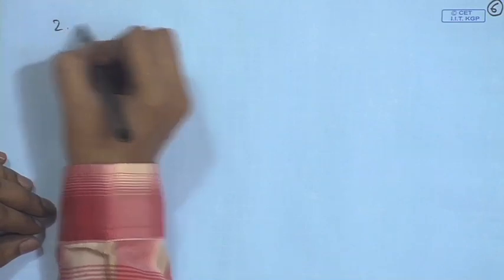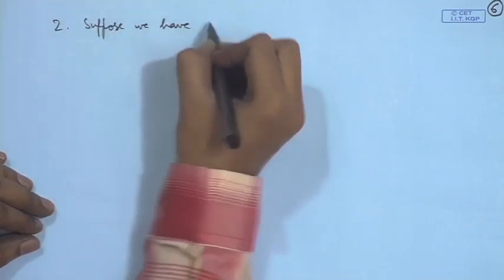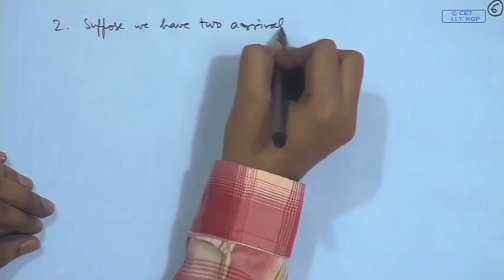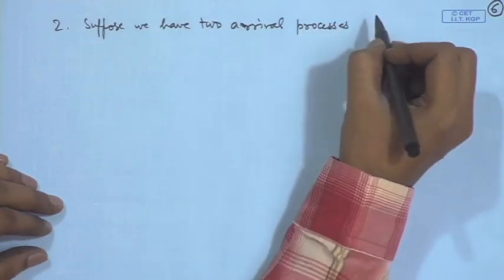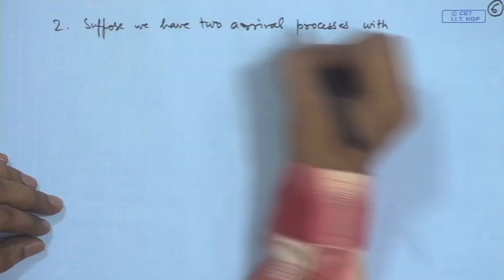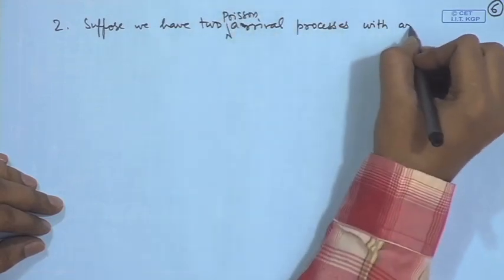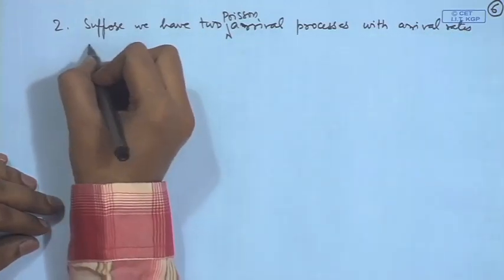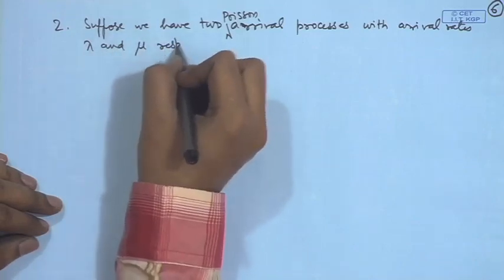Suppose we have say two arrival processes, and they are Poisson arrival processes with arrival rates say lambda and mu respectively.